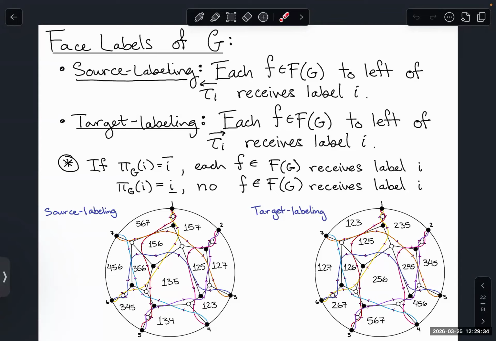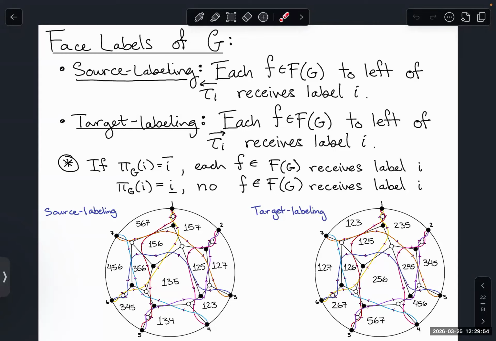With one caveat: if we have fixed points, black or white lollipops, a white lollipop tells us that every face on our graph has the label I, and a black lollipop at I says that no face on our graph has the label I.